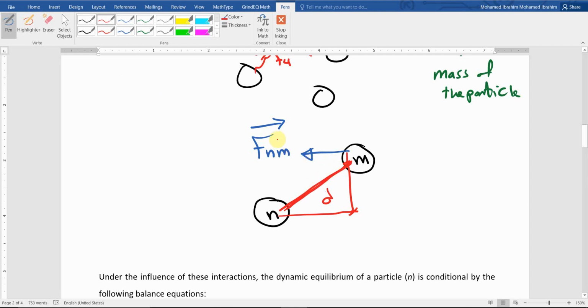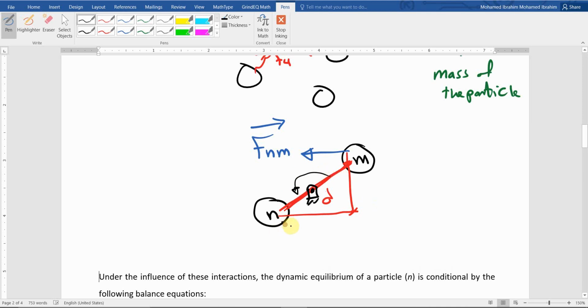So this force that comes from M acting over N will have two effects over the particle N. It will result in some force as a direct effect, but in the meanwhile it would give a rotation. If we just consider there is a small pivot here in the middle, in the center of the distance between these two particles, then if this force pushes in this direction, we are giving a kind of rotation to these two particles, right?